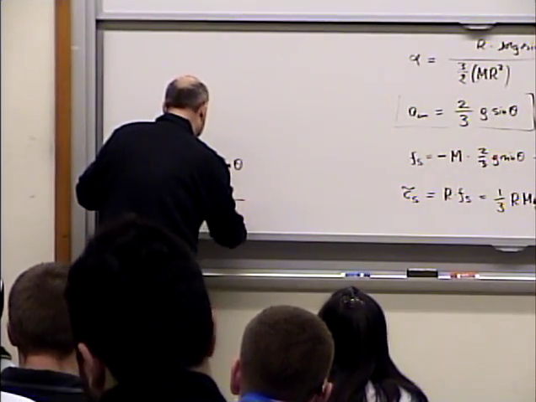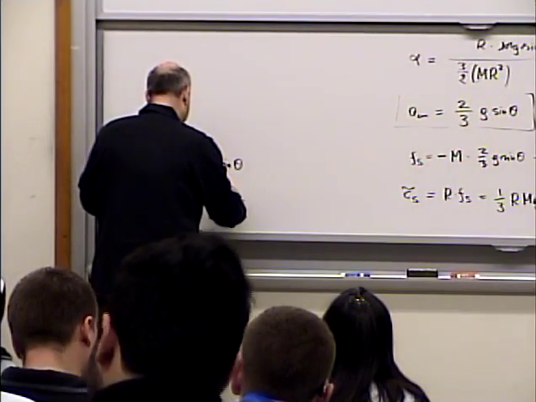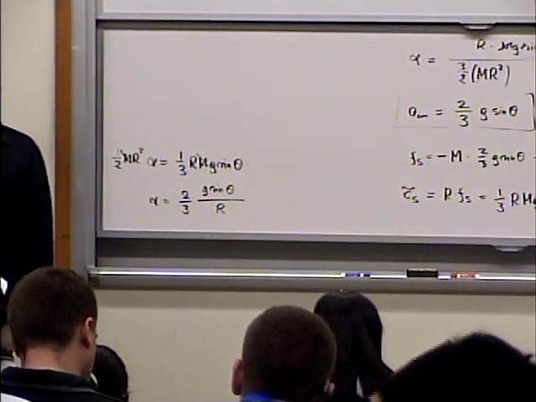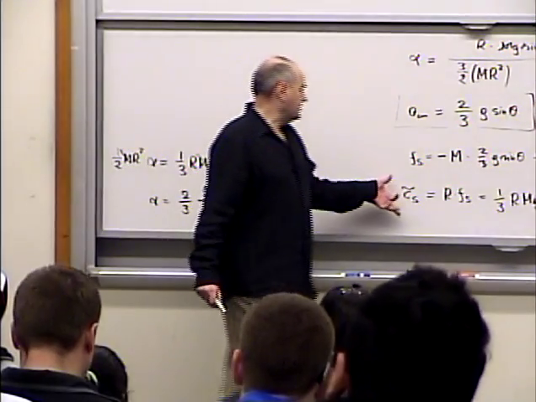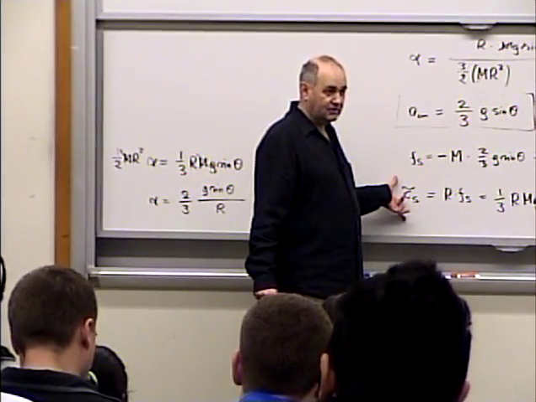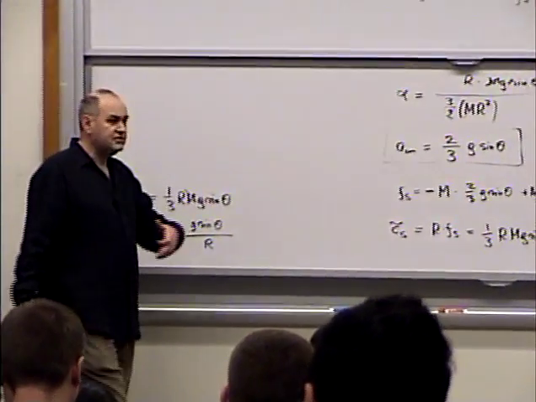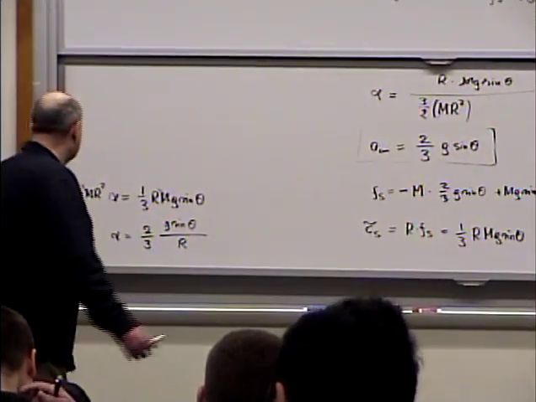So I will end up with r in the denominator, and here I will have g sine theta. So this would be the angular acceleration if I use the frictional torque and consider Newton's second law about the axis passing through the center of mass.